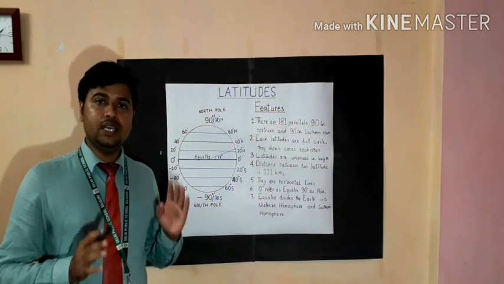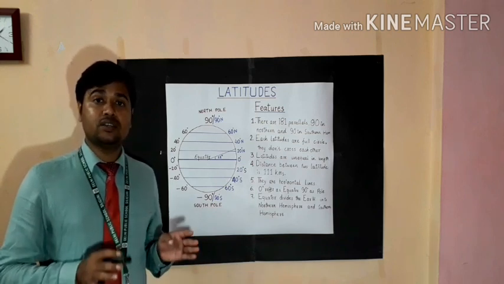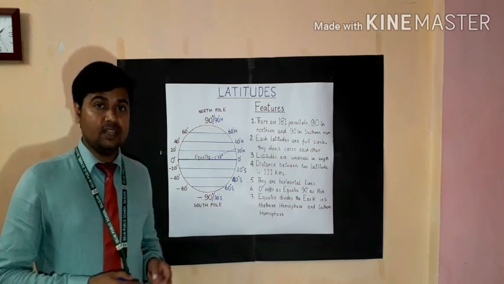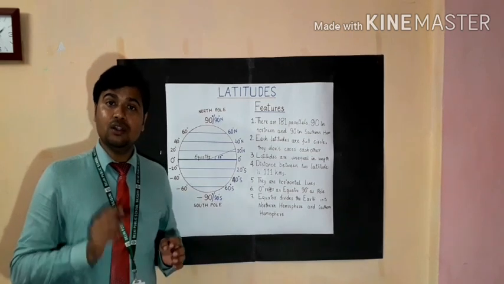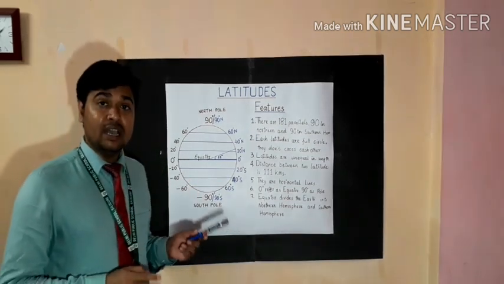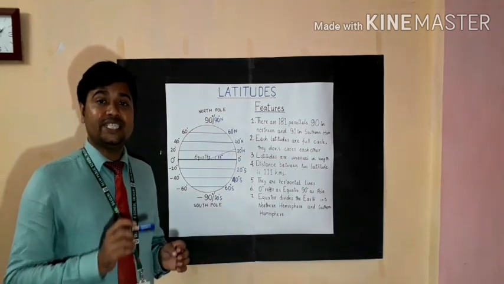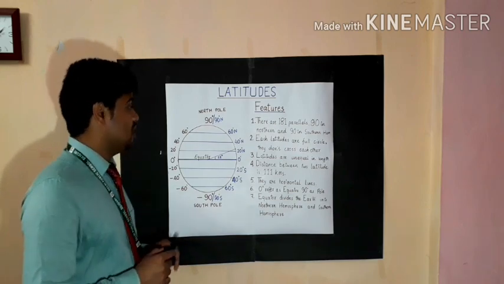Apart from equator and prime meridian, there are some more lines drawn on the Earth's surface. These lines are actually latitudes and longitudes. So, now we will discuss the latitudes. Now, first question is, what are latitudes?